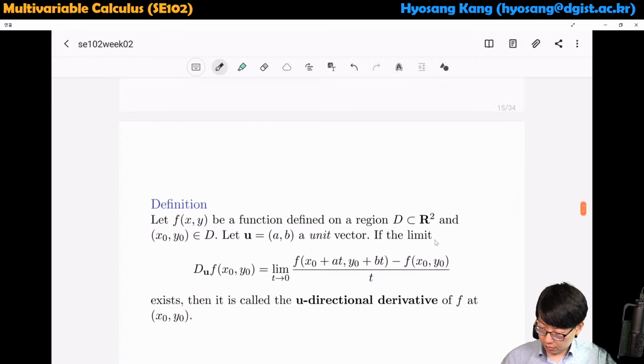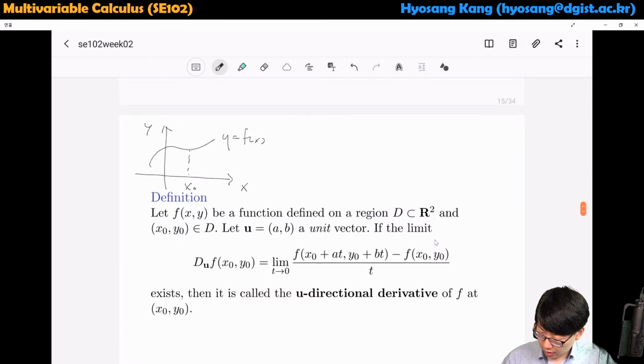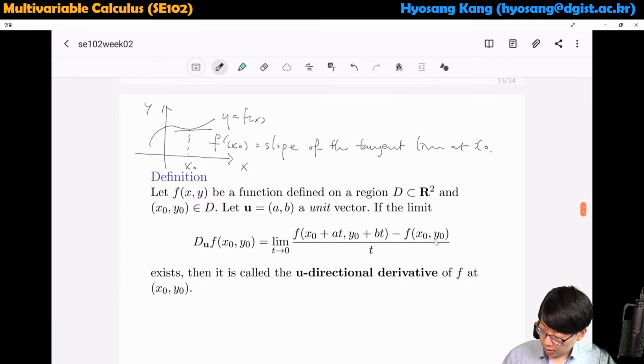When you have a graph y equals f of x, and you want to find the differential at x0 on the x-axis, it gives the slope of the tangent line to the graph at x0.